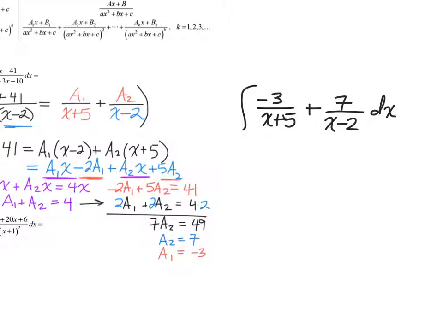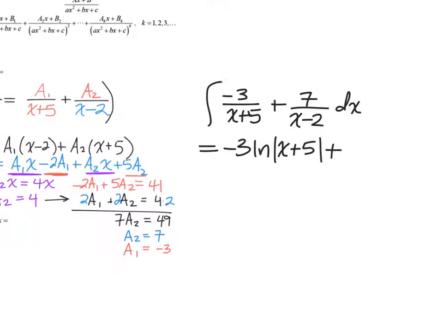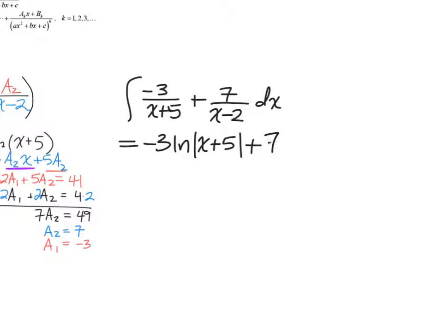So what would be the antiderivative of negative 3 over x plus 5? We'll get the coefficient in there first. Negative 3 ln of what? x plus 5. What about the other part? 7 ln x minus 2 plus c.